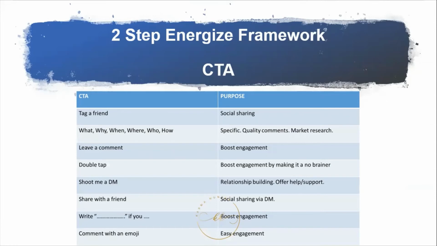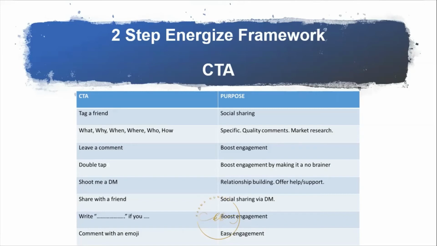The difference between tag a friend is that you are basically tagging your friend in the comments of the post. However, if you share it with a friend, that means it is going to go to them through the DMs. And again, DMs are part of the algorithm. It shows quality engagement. So make sure to use them as much as you can.